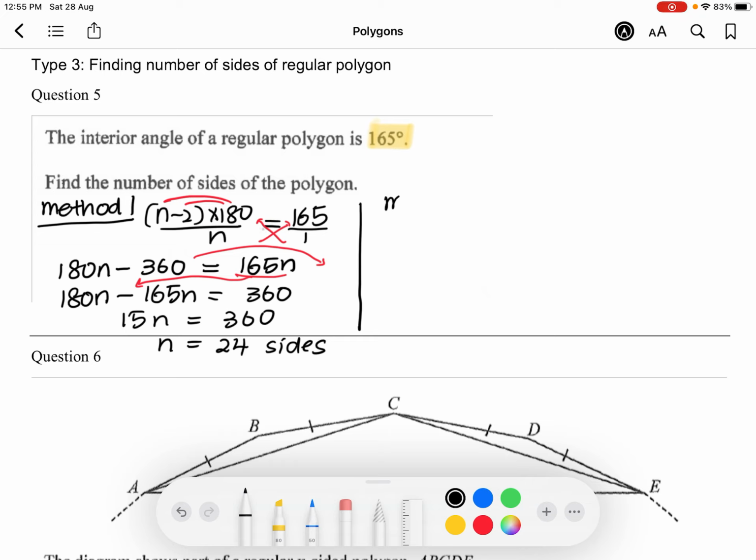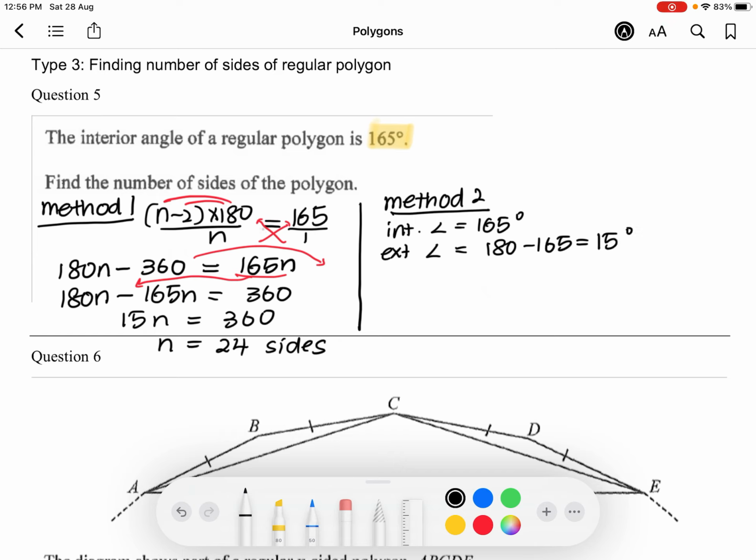Alternatively, you can also use method number 2, which uses the exterior angle of a polygon. The sum of exterior angles equals 360 degrees, and we know that the interior angle plus an exterior angle equals 180 degrees. So if the interior angle is 165 degrees, I can find my exterior angle to be 180 minus 165, which gives me 15 degrees.